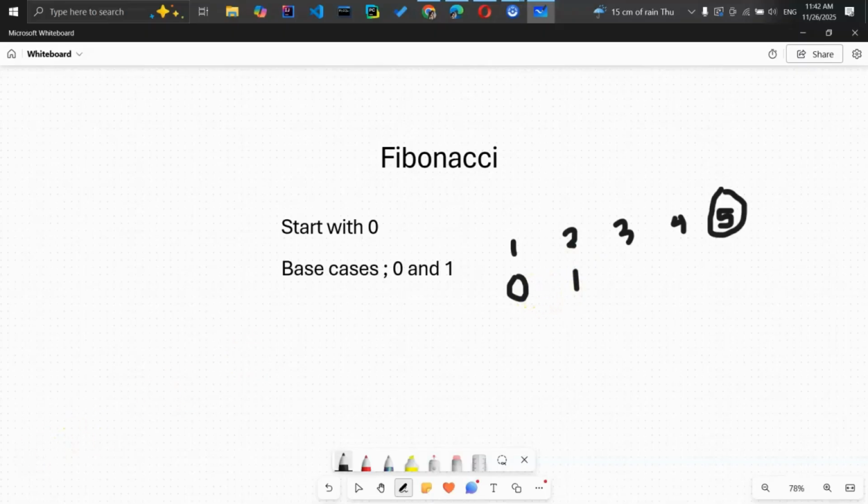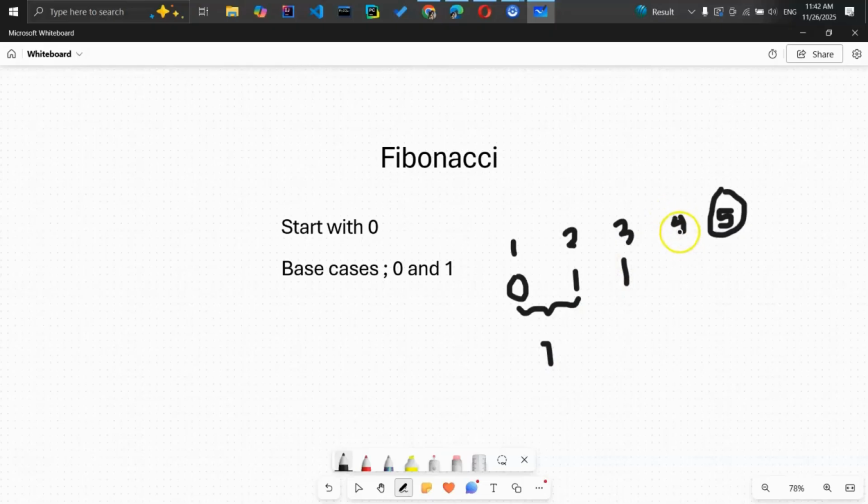Now, we have a rule. The rule is each number is equal to the sum of the preceding two numbers, right? The third value should be equal to the sum of these values, 0 and 1. Therefore, the third value is 1, right?